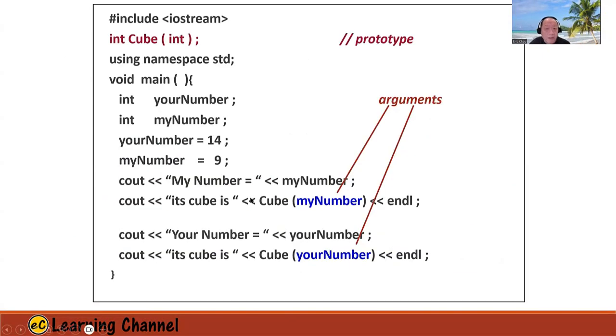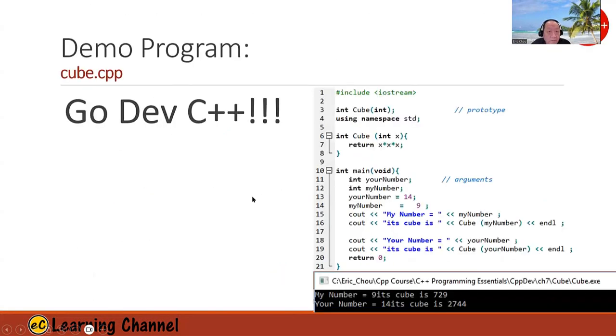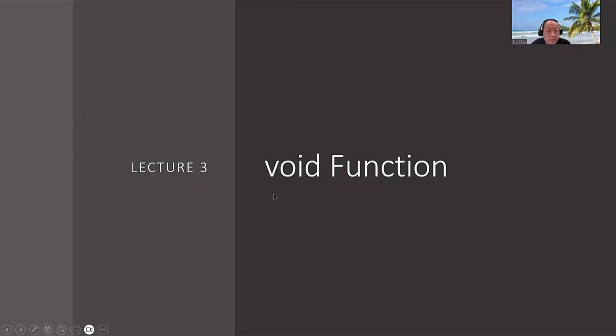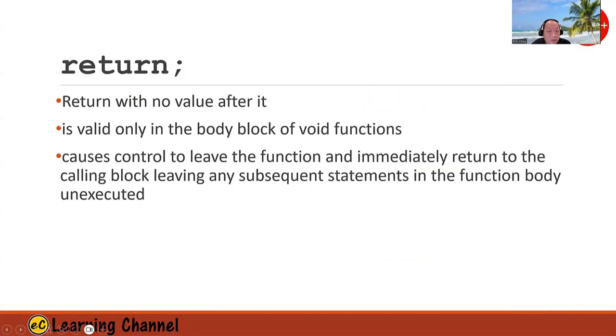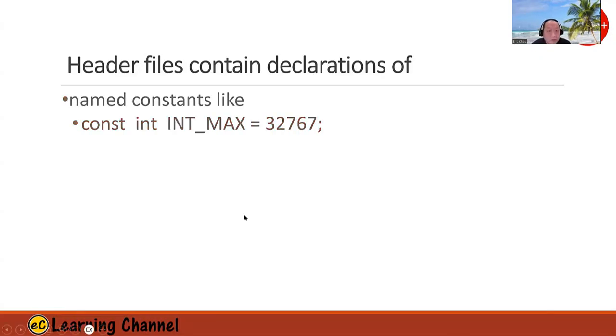But the definition is similar. And it can return a value or be void. If void, there is no return value. This one is still easy, so we will go through it. Header file, we've talked about it already.